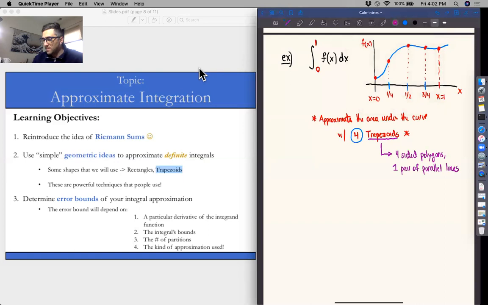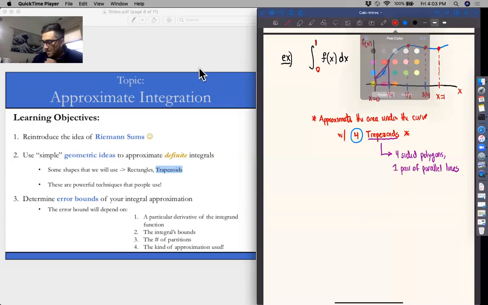And for us, those parallel lines are going to be those vertical dotted lines I have. So for example, if we draw a trapezoid within the first interval, we connect the red dots along the curve, and what we outlined in purple defines our trapezoid.